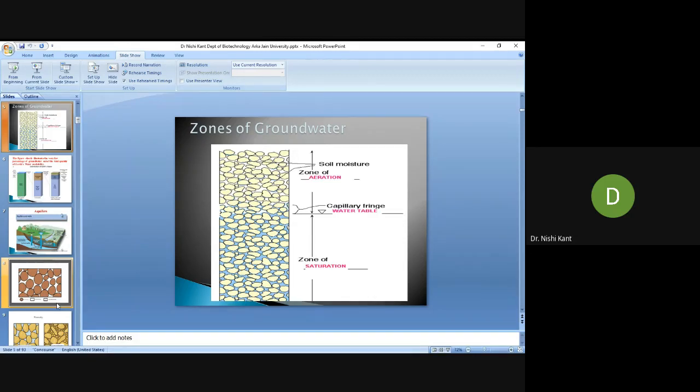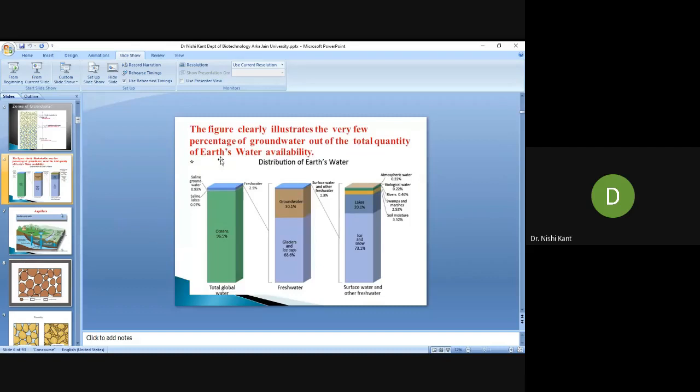The volume of water contained in the rock depends on the percentage of these openings or pores in a given volume of the rock. That is termed as the porosity of the rocks. Moreover, more space results in higher porosity and more stored water. This figure clearly illustrates the very small percentage of groundwater availability.